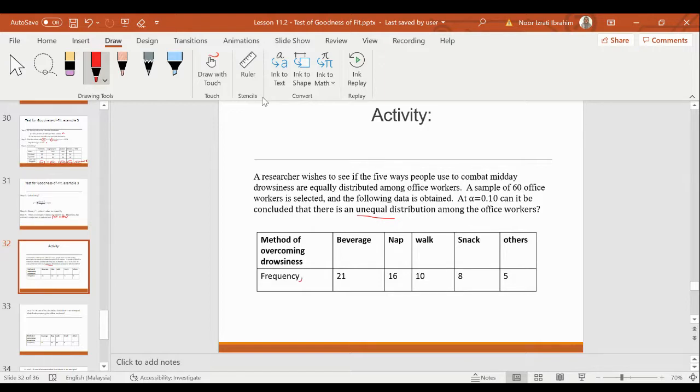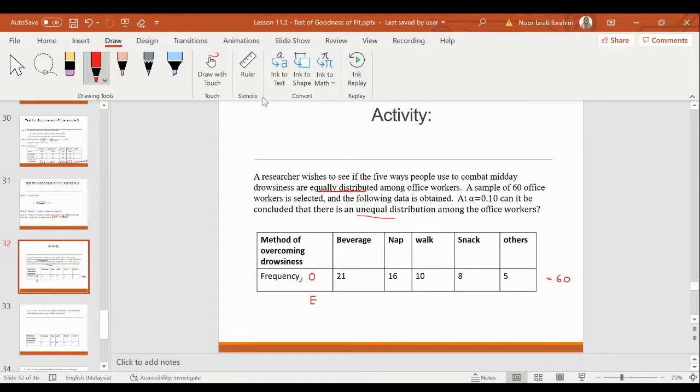The frequency given here is the observed frequency, where the total is 60. And 60 divided by 5 is 12, because equally distributed means the expected frequencies are equal.